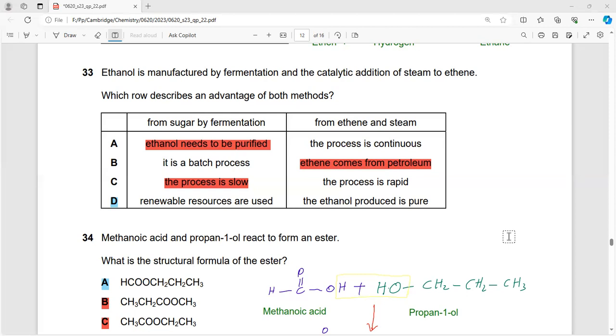That's why this raw material is coming from non-renewable resources. This is a disadvantage. While in option C, from the sugar by fermentation, this is a slow process. So slow is a disadvantage, it's not an advantage. So in option D, renewable resources are used. That's correct. And the ethanol produced is in a pure form. This is also an advantage. So D is our correct option here.